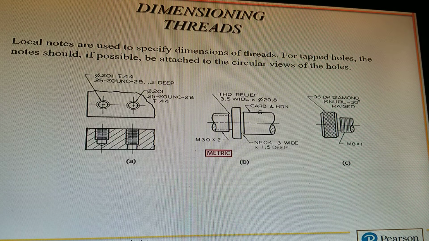20 UNC, that's the number of threads per inch. UNC stands for Unified National Coarse threads. And 2B is sort of like a quality type of thread. They're the same, but one goes all the way through the hole, and the other one doesn't.